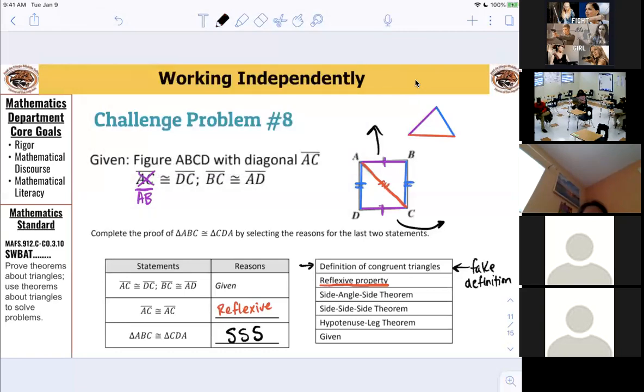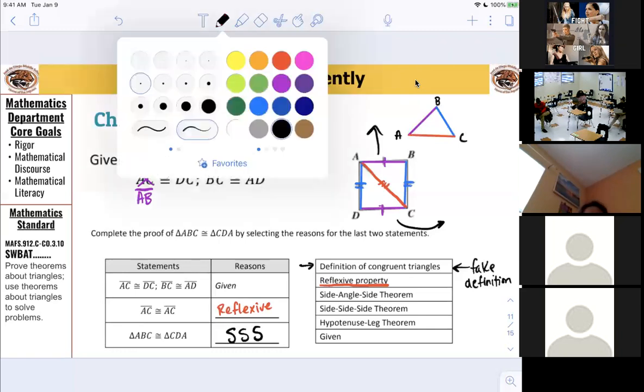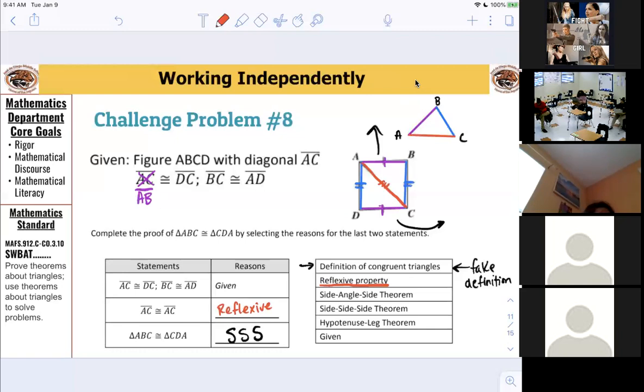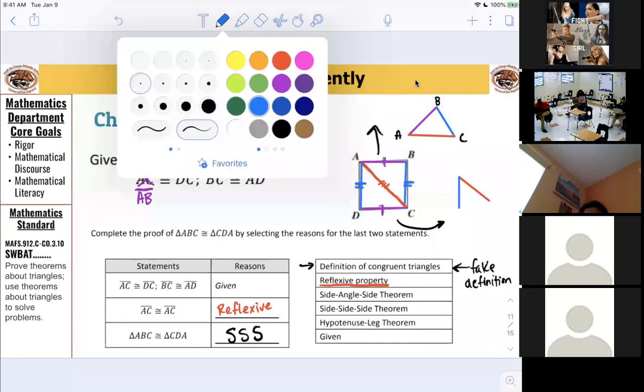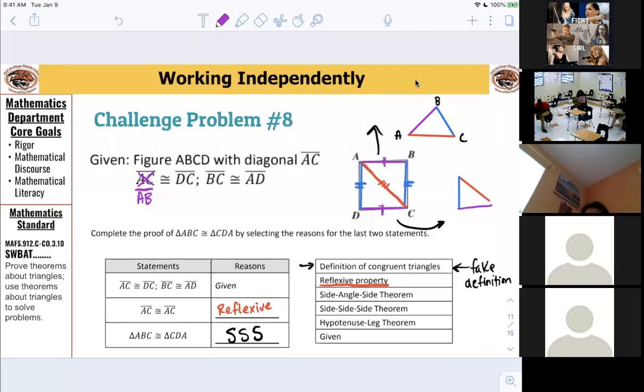Here's A, here's B, here's C. And then I have the other triangle, which is triangle ACD. I didn't make them perfect, but I'm trying.